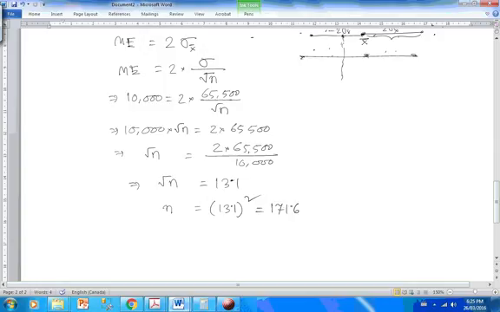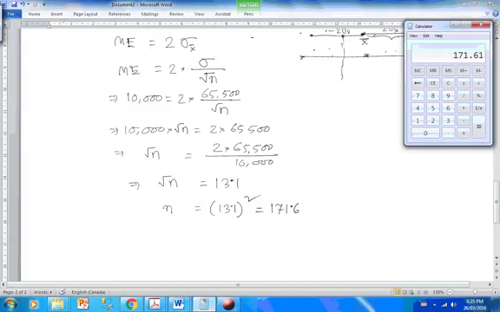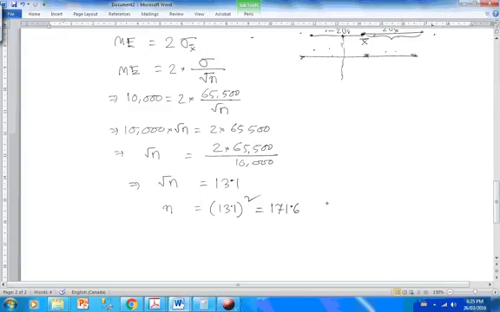But the number of observations should not be a fraction, so we can round this value up to the next possible whole number. So that is going to be approximately 172. That should be my sample size to obtain a margin of error of 10,000.